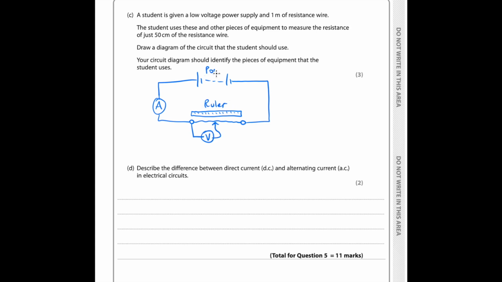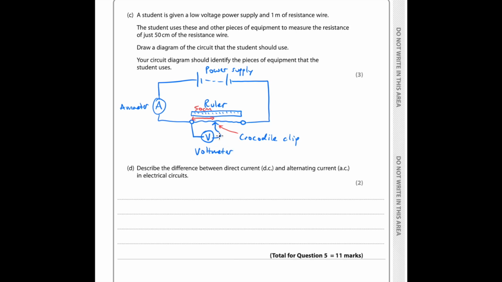Ruler, power supply, ammeter, voltmeter, crocodile clip, and you only want to tap off 50 centimetres.